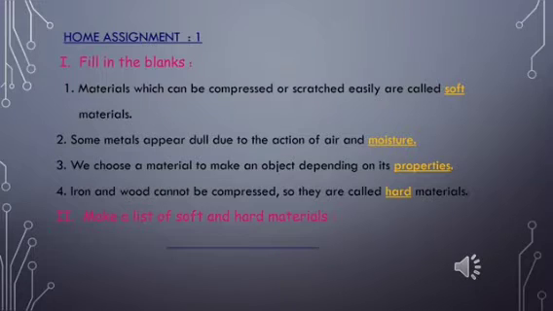For soft materials, you can give examples of the cushions, mattress, sponge, cotton, etc. For hard materials, you can give as many examples from your own stationery also, such as a scale, pen, pencil, pencil box, lunch box, spoon, key, etc. This was an easy assignment. I hope all of you are able to do this.